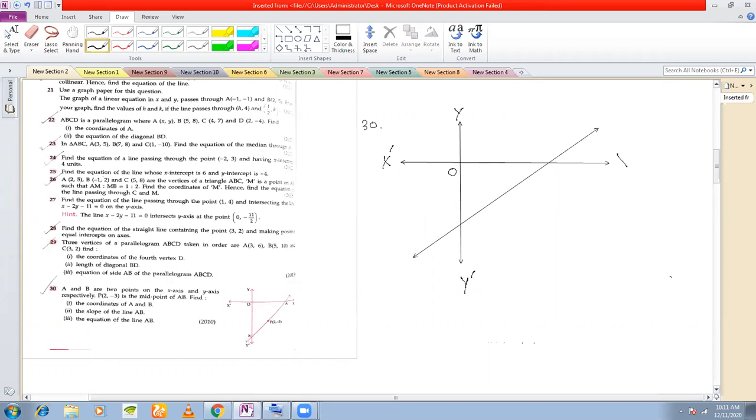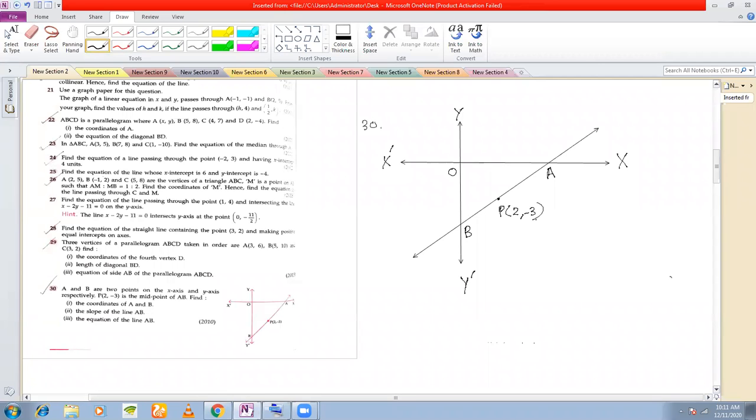This is the negative direction of x, and this is the positive direction of x. And a straight line is given to you here. So this is your point A, and this is your point B on the straight line. And a point is given on the straight line, P, whose coordinate is given to you, 2, minus 3. This is the figure that is given to you.